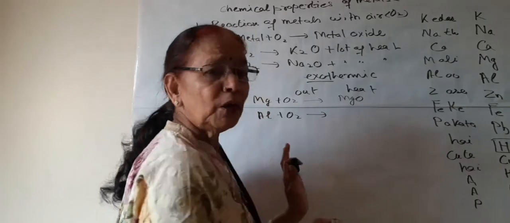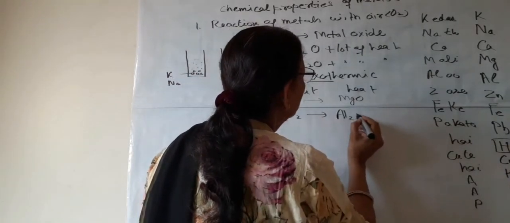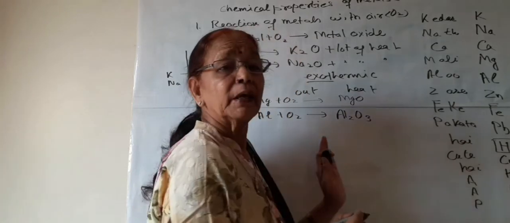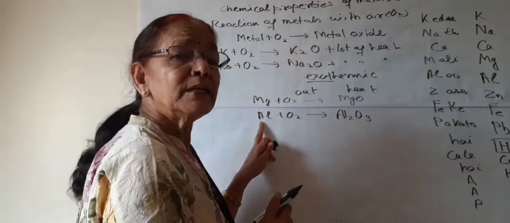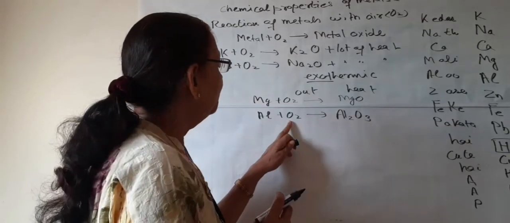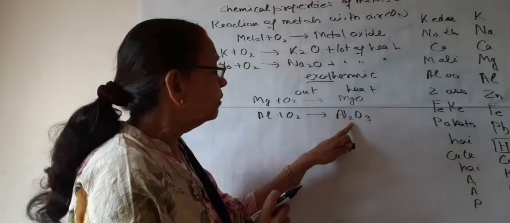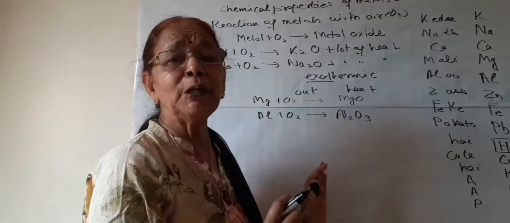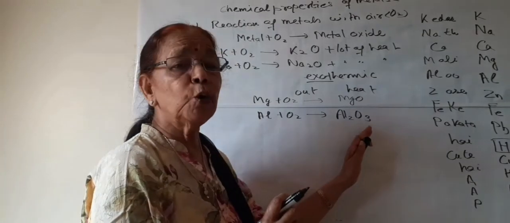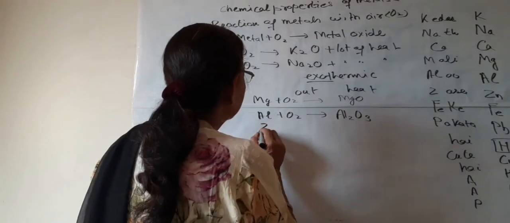Do you know the formula of aluminium oxide? Al2O3. Why? Because the valency of aluminium is 3, so we will write 3 here. Valency of oxygen is 2, so we will write 2 here. And the formula of aluminium oxide is Al2O3.